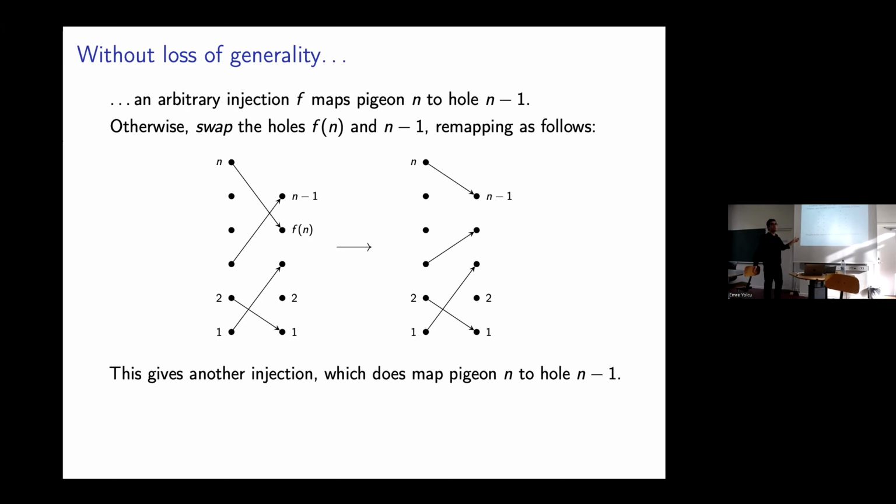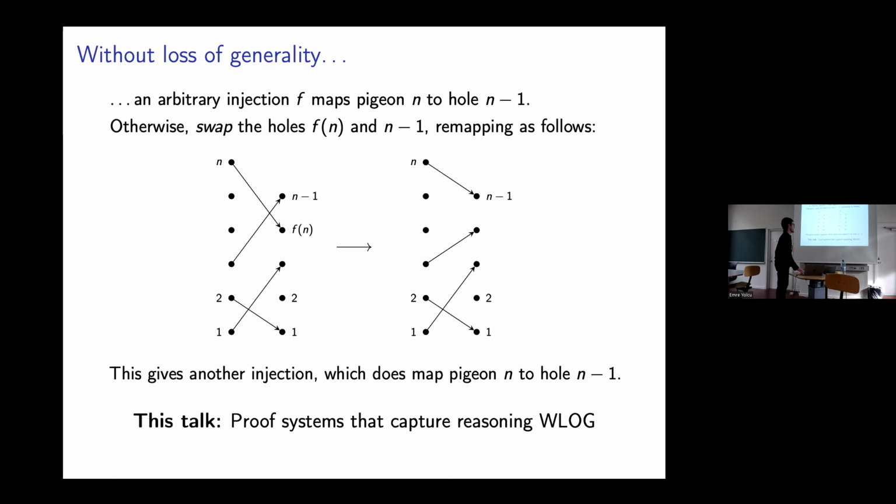If I'm only concerned with whether such injections exist or not, I might as well assume that I'm working with this one, which is nice for my purposes. So these proof systems that I'm going to talk about generally have justifications of this sort for the assumptions that they allow you to make.